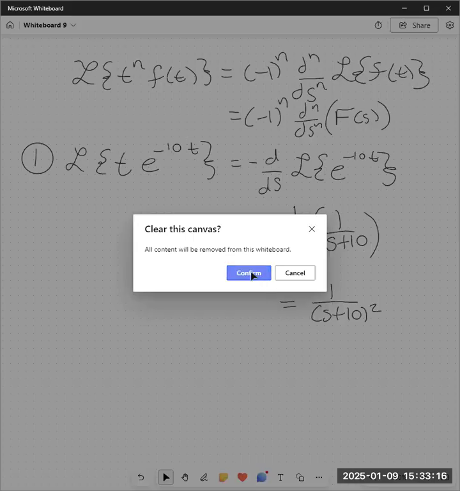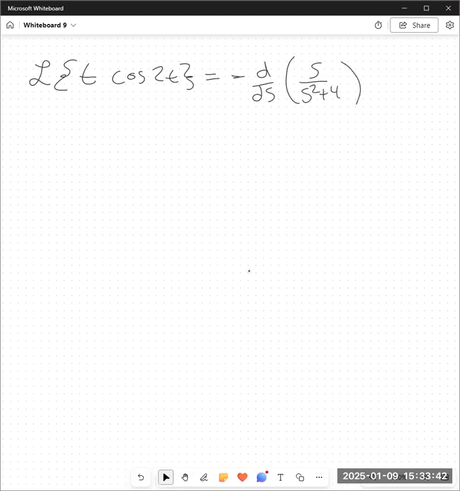Let's look now at number 3. Laplace transform of t cosine of 2t is going to be equal to a negative d ds of the Laplace transform of cosine of 2t, which is s over s squared plus 4.